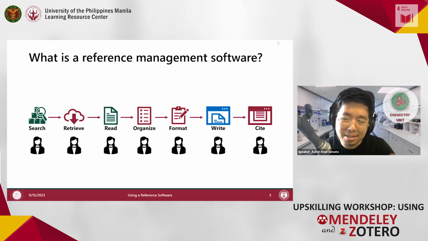Then once you have the copy of your reference, you'll read it and then knowing na relevant siya sa purposes nyo, you'll organize your references and then format those references to the style of citation that you need to use. You'll start writing, and then at the end of a paragraph or a sentence, you will cite, and at the end of the entire document or as a footnote, you may add your references.